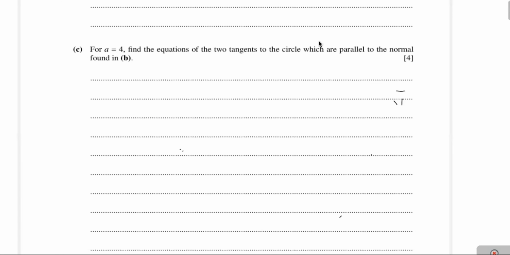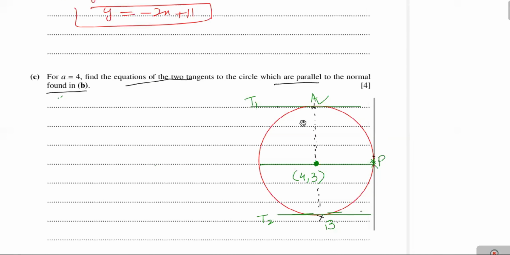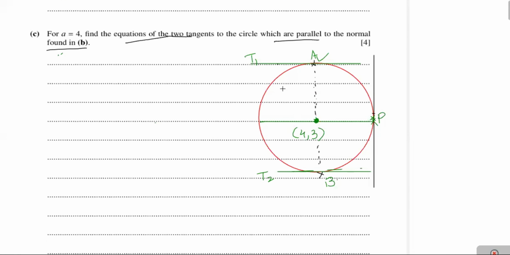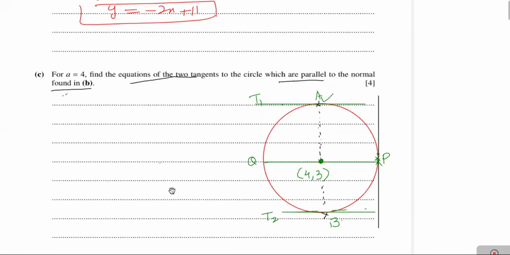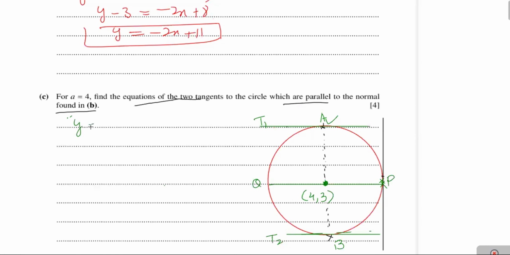Part C, for a equal to 4. Find the equation of two tangents to the circle which are parallel to the normal found in B. You see here, these are the tangents T1 and T2 which are parallel to the normal found in B. This is the normal line. We name it as PQ, and this normal line has the equation y equal to minus 2x plus 11.